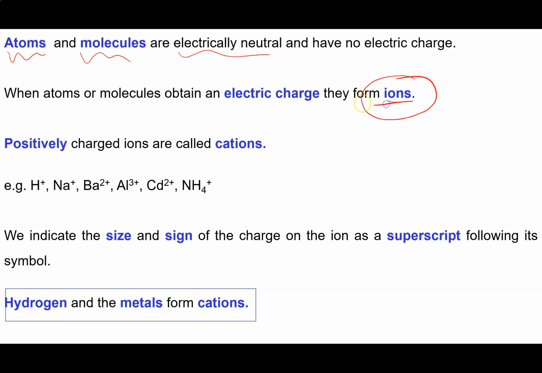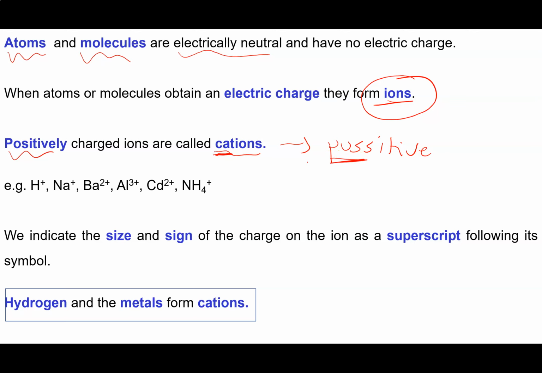So an ion is an atom or molecule that has acquired an electrical charge. Now, if your ion is positively charged, it's called a cation, and for a pretty good reason, because it is positive. Well, I don't think that's the actual reason, but that's how you can remember it. So cations, because they're made of cats, are positive.